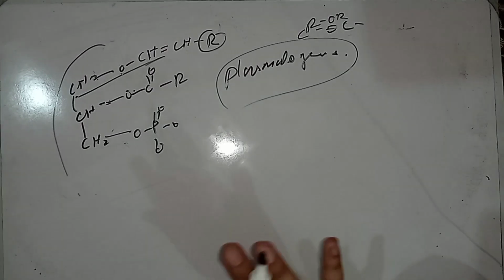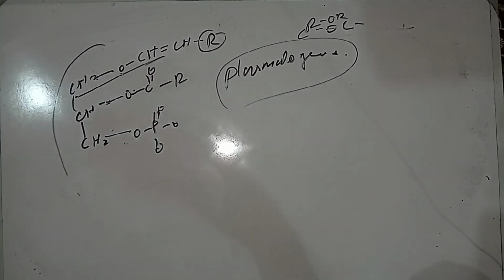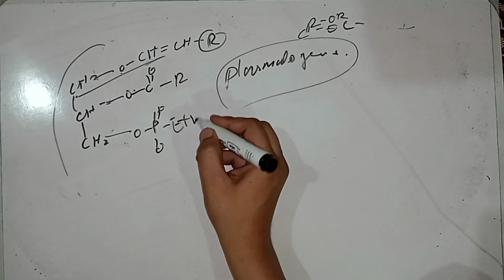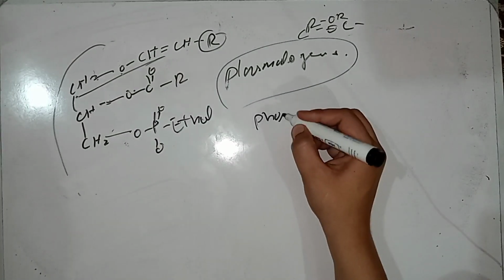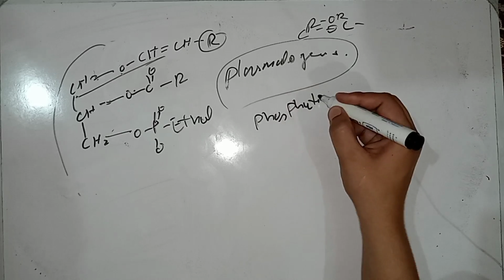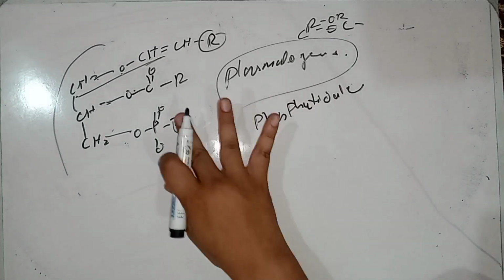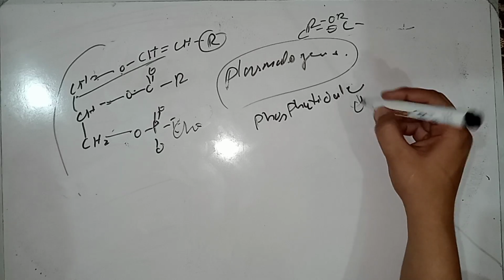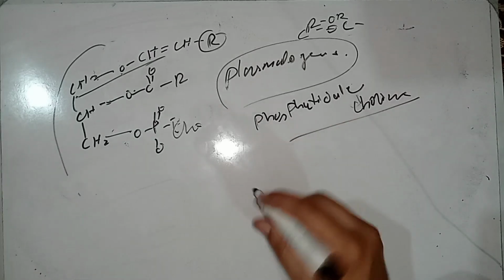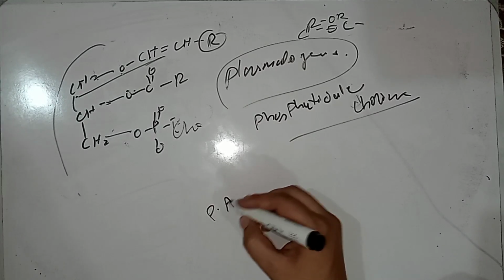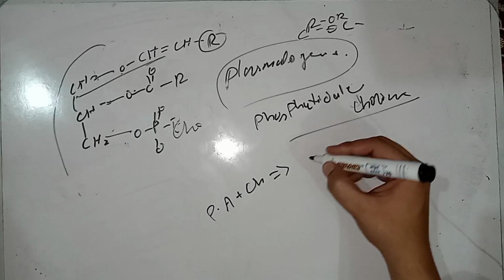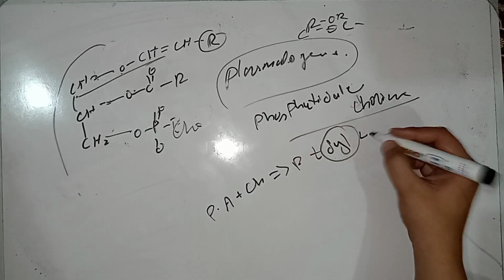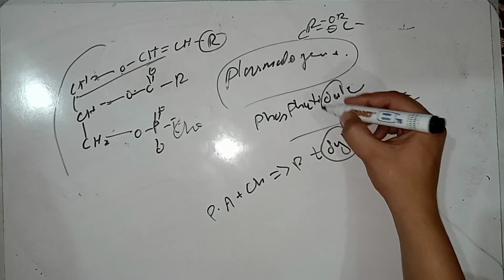For this plasmalogen, two examples are given. If with the phosphate we attach the base ethanolamine, then it becomes phosphatidyl ethanolamine, and if here we attach choline, then the structure becomes phosphatidyl choline. It is different from the previously formed phospholipid in which phosphatidic acid joins with choline, where the structure formed is phosphatidyl choline.